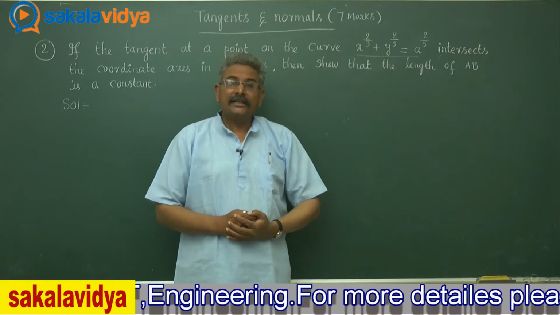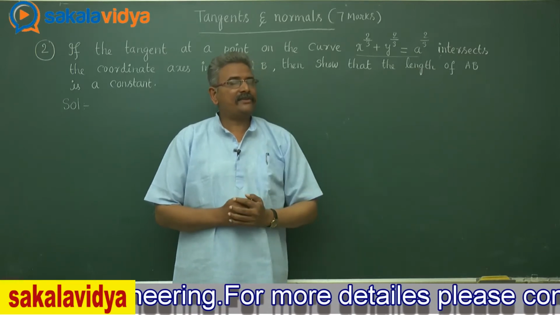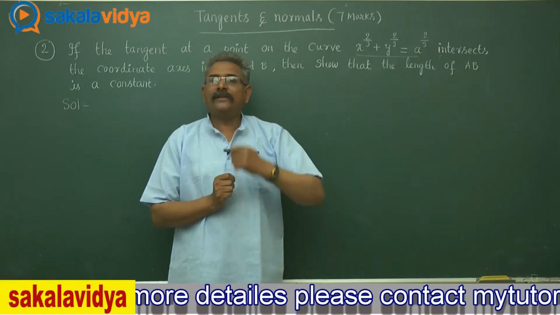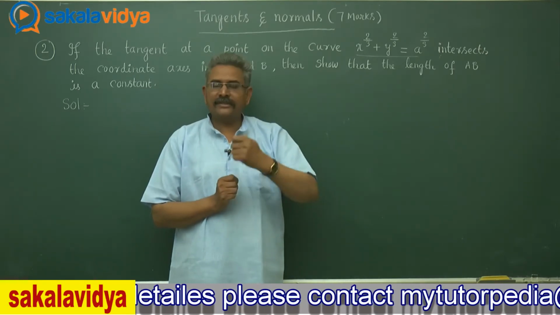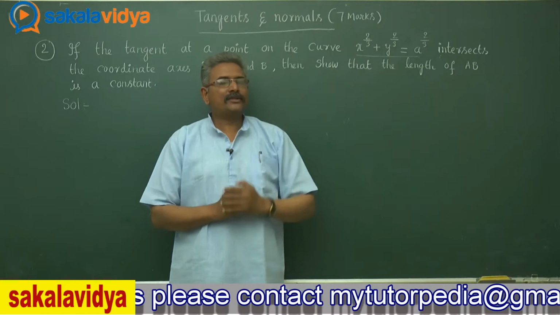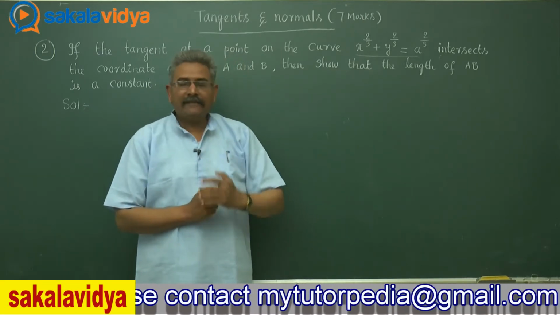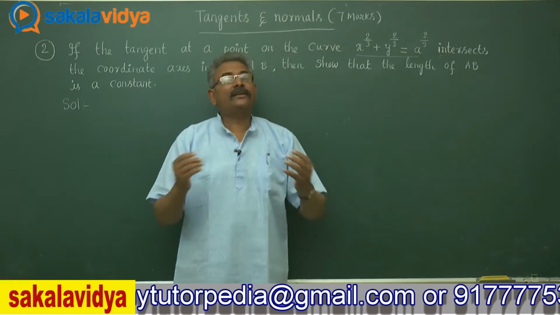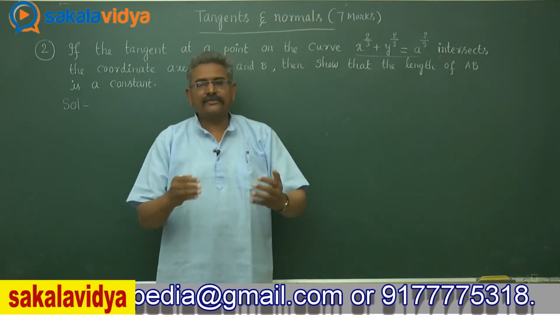So if you consider the parametric equations and using parametric differentiation, we find dy/dx in terms of theta, that is nothing but the slope of the tangent. Having evaluated the slope, easily we can find the equation of the tangent in terms of theta.